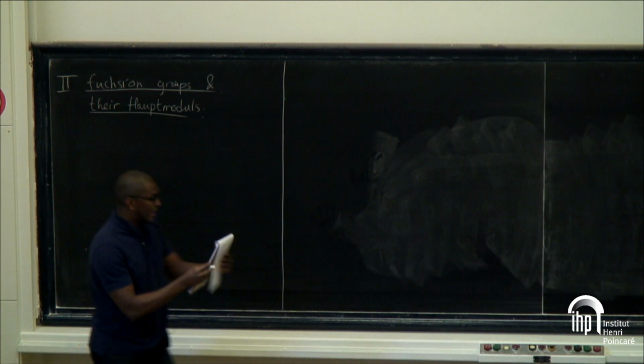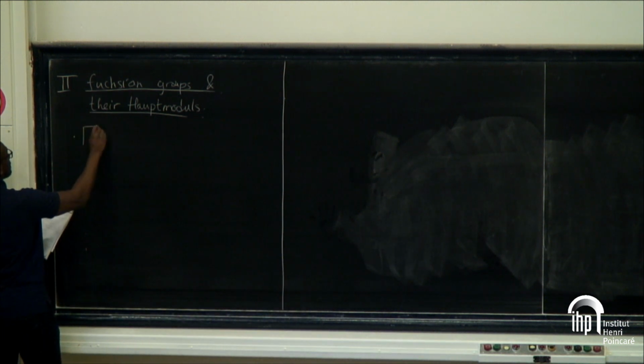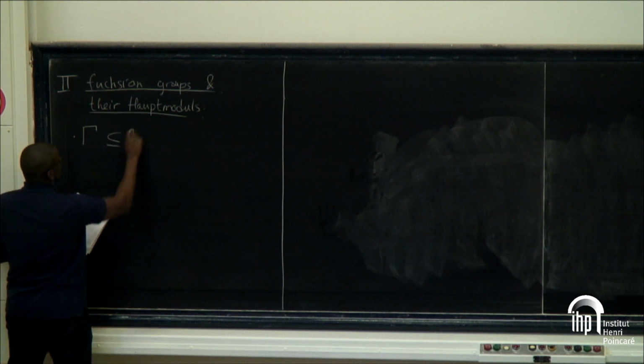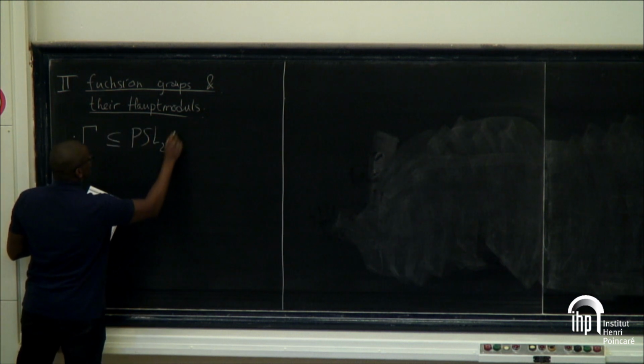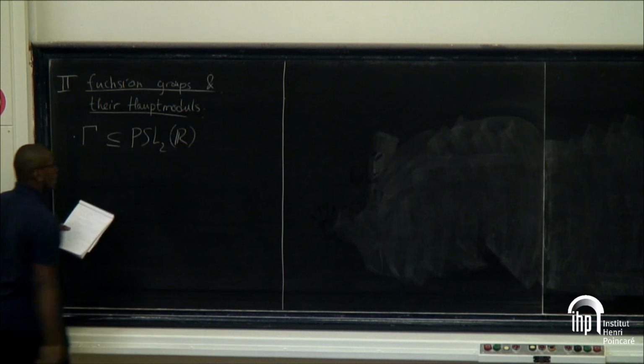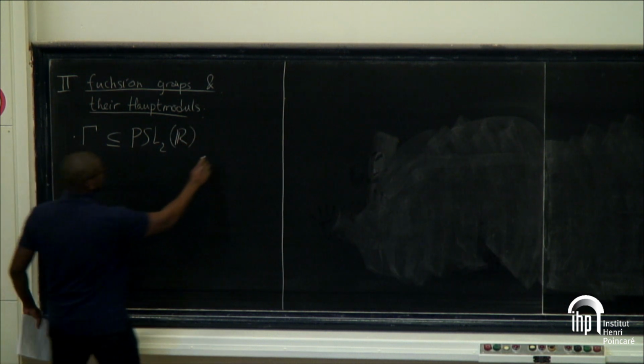So gamma will be a discrete subgroup of PSL2(R), so a Fuchsian group.